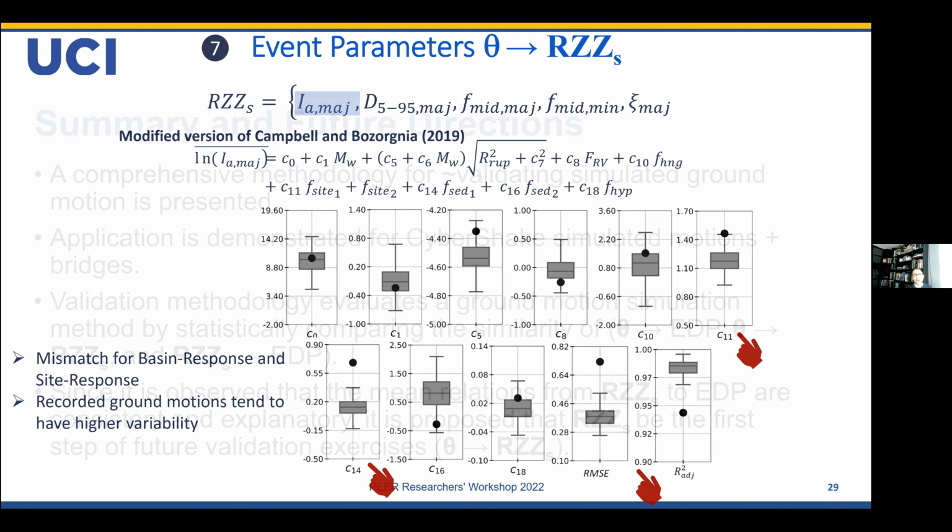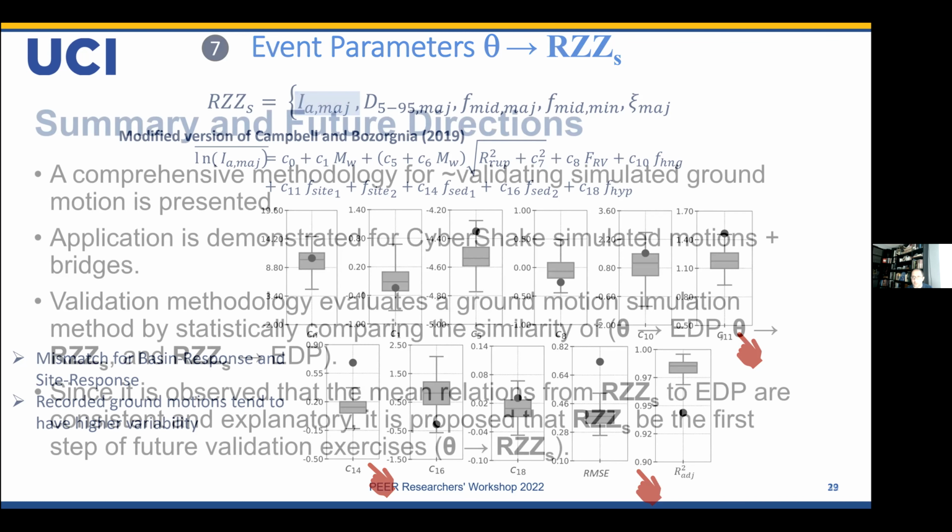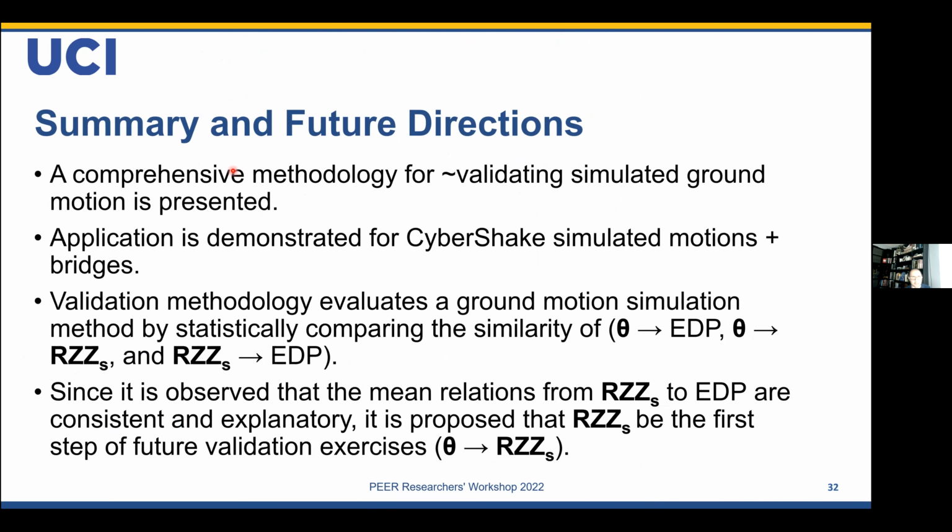Last slide. We have a comprehensive methodology for validating simulated ground motions. Application is demonstrated for CyberShake simulation motions, but you can do this for any other simulation method that you have. It is based on three transformations: from event parameters to EDP, event parameters to RZZ-S, which is the subset of the RZZs that is important, and RZZ to EDP.